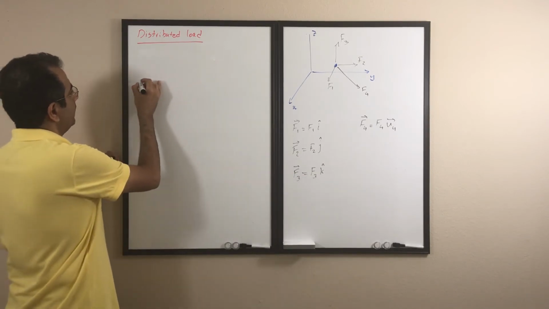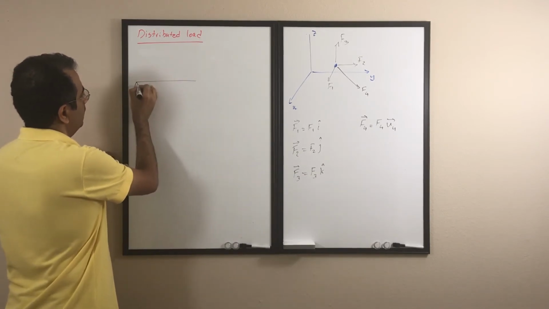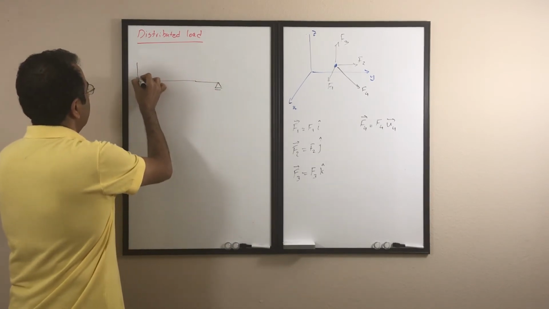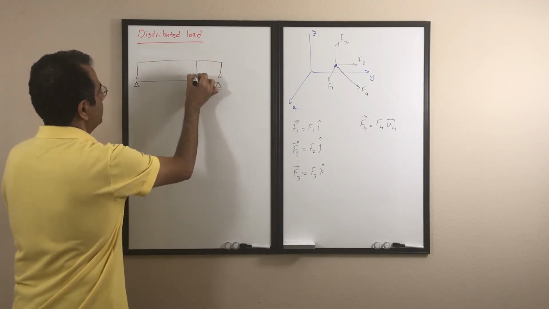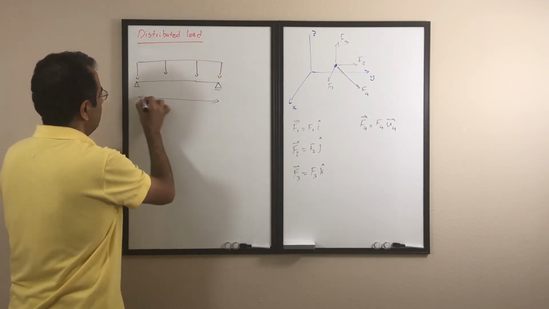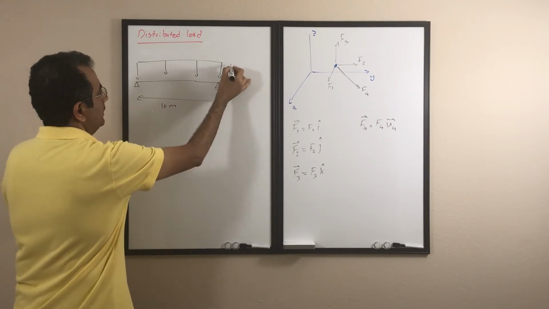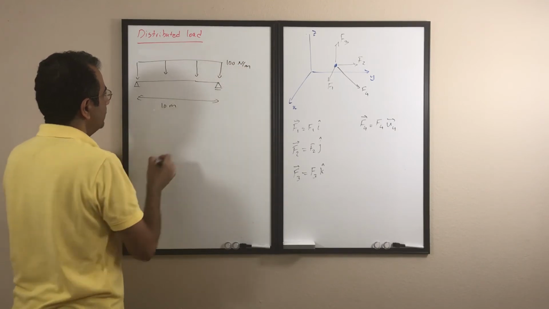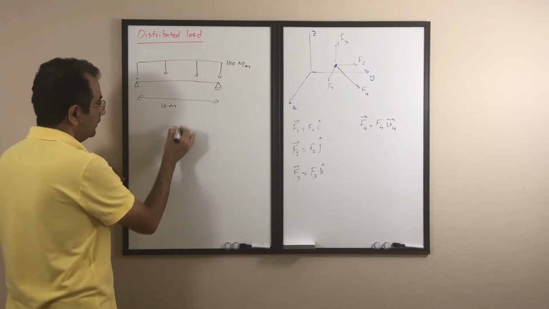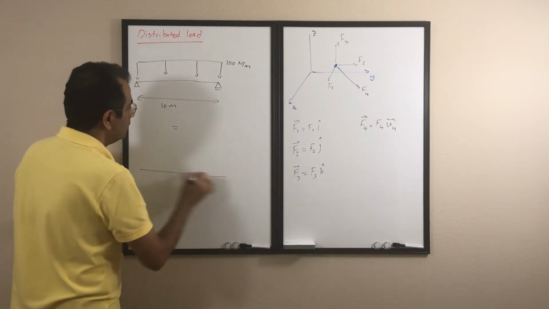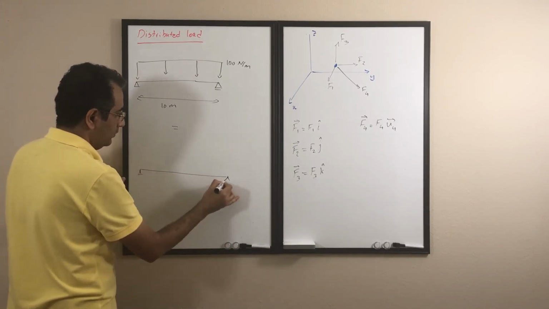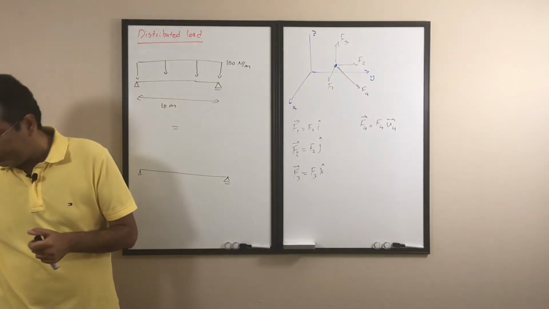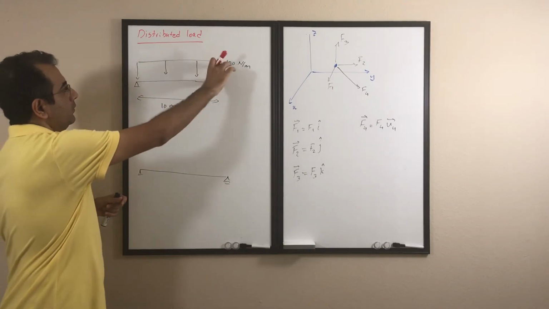For example, if I have a distributed load, assume it is 10 meters long and 100 Newton per meter, and I want to replace the distributed load with a single load.